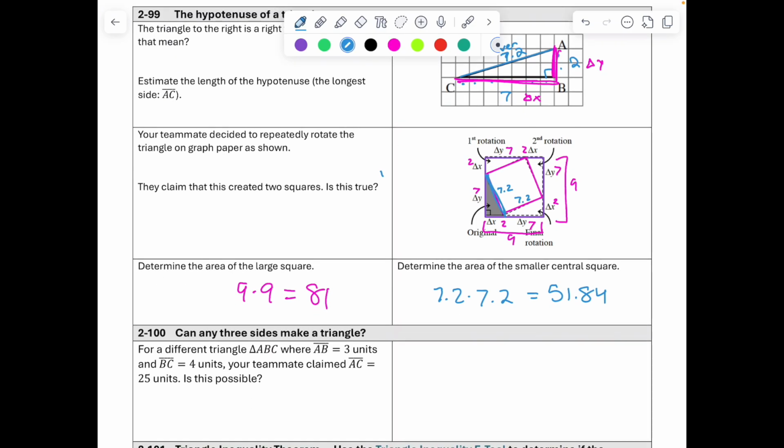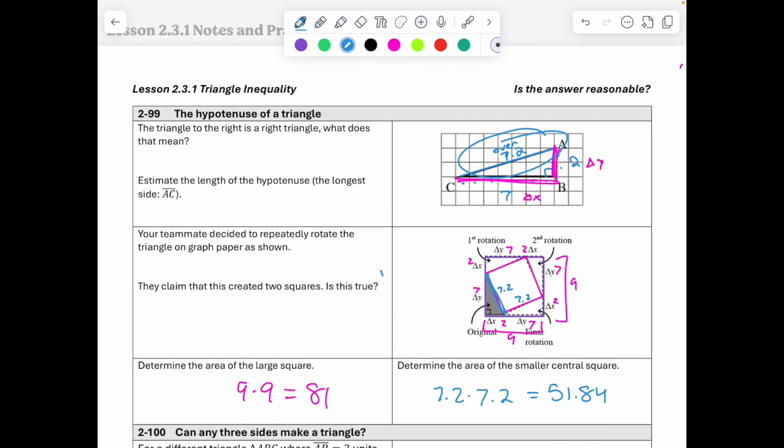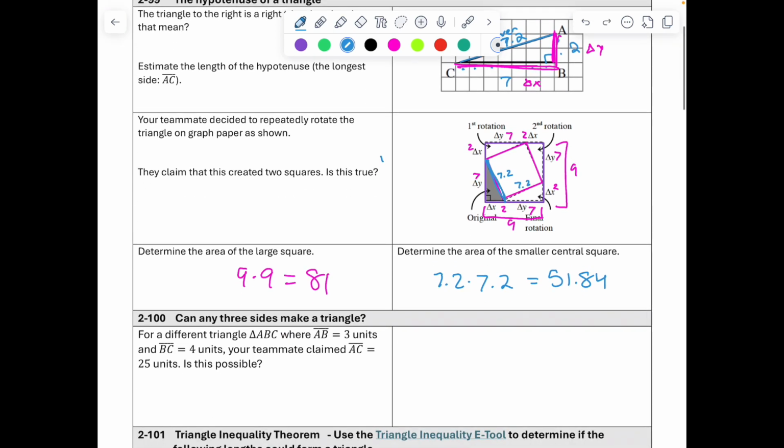Okay, so what we're trying to figure out here is basically how long can we make a missing side of the triangle. Okay, when we are kind of guessing, when we don't know what it is, when we guess maybe 7.2, we want to figure out, okay, what are all our possible guesses that would work, okay?